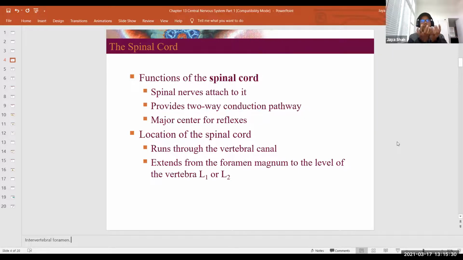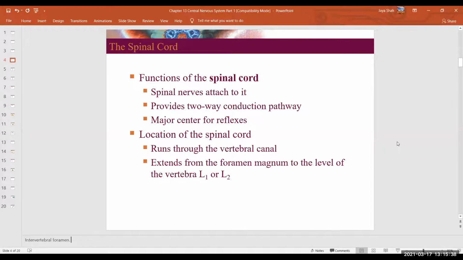The largest opening in the skull is the foramen magnum, and that was a hole in which bone? I'm sorry, Professor, I'm not sure. It is in the occipital bone.